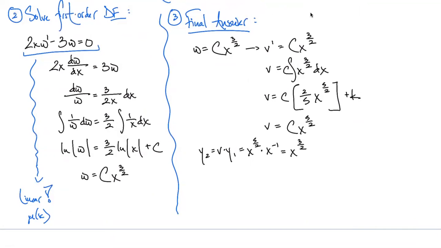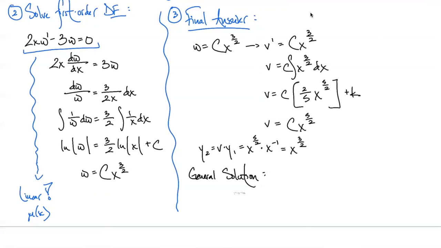The basic gist is that my general solution will be of the following form. We're going to have our first solution, C1Y1, plus whatever constant C2 goes with the second solution.